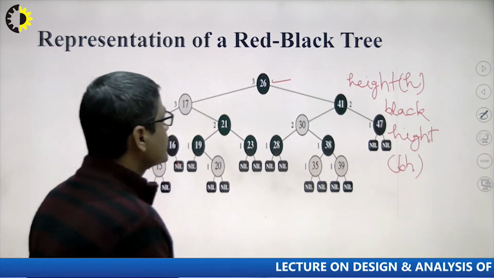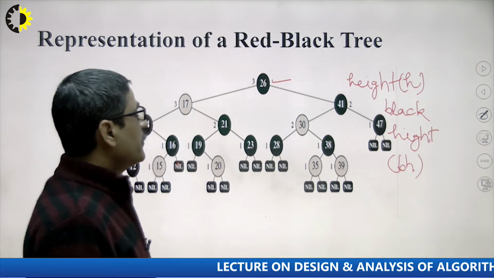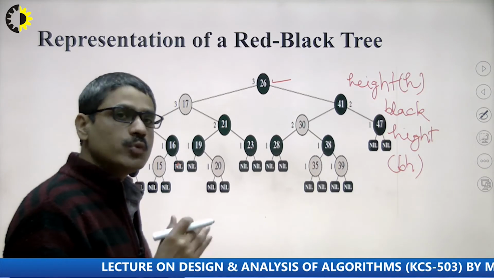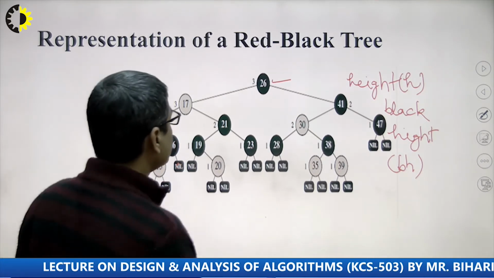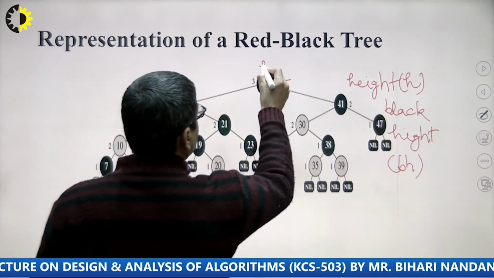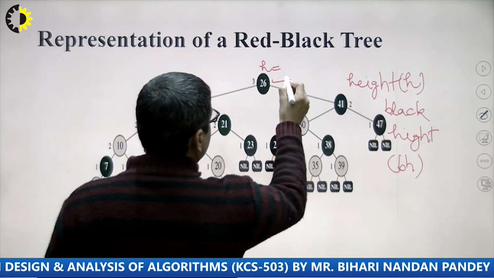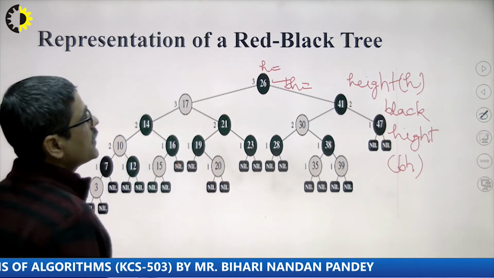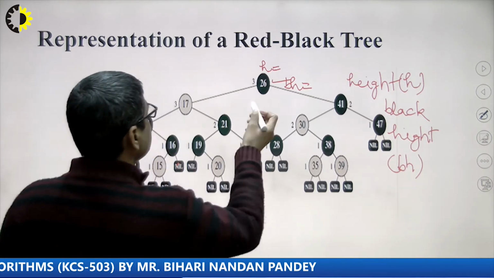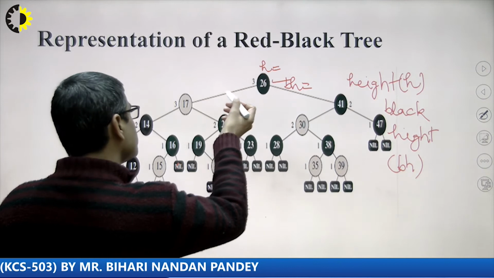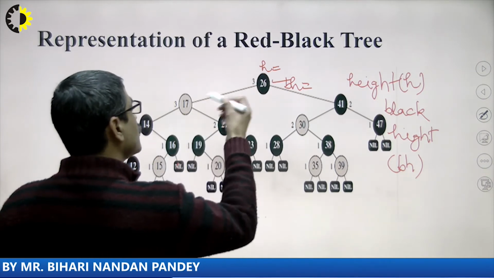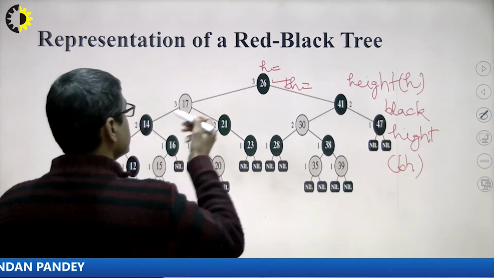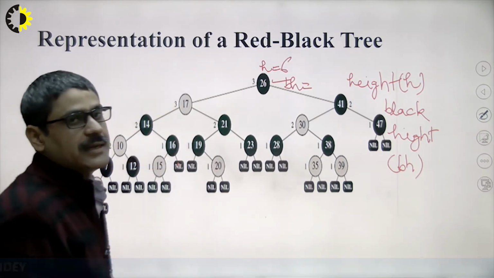If you are finding the height in this tree, height is the longest path from the node to a leaf. For this node we write height equal to H and black height equal to BH. Height is the maximum length path from node to leaf: 1, 2, 3, 4, 5 and 6. So that is 6.